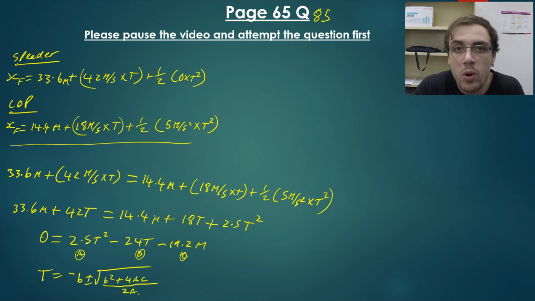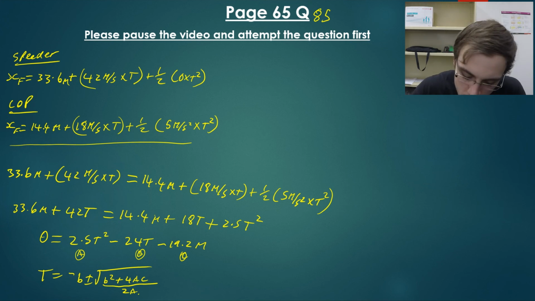So, using the quadratic formula, our time is going to equal, you do not need to memorize the quadratic formula, okay? It is not expected of you in this course. This is a challenge question. So what we do is we substitute our A, B, and C into these values here.